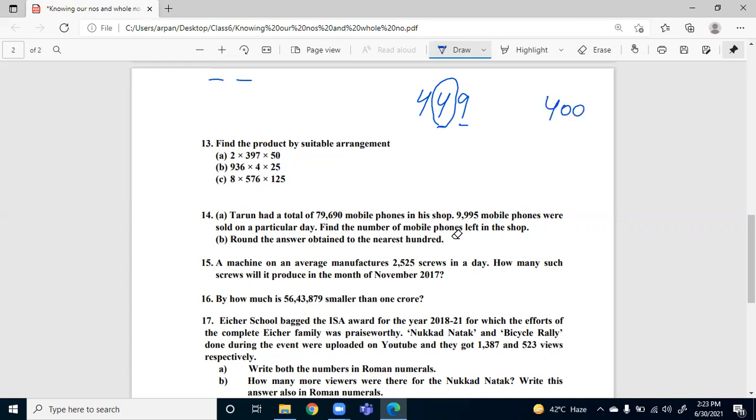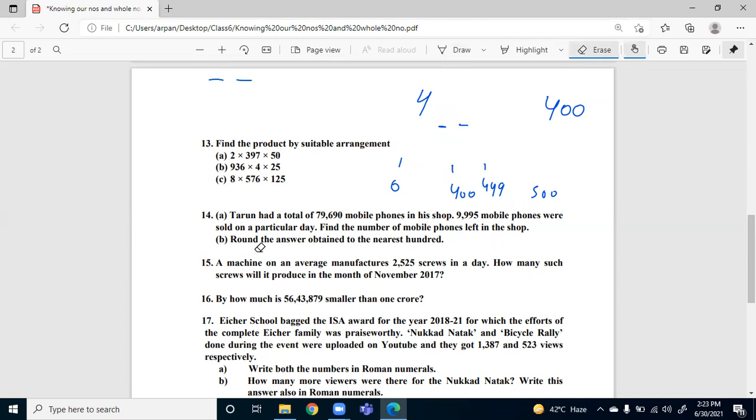On the number line, let's say this is 0, this is 400, this is 500, and this is 449. So 449 is nearest to which 100? It is nearest to 400. Understand, Samad? So the reason is like this. Okay, ma'am.